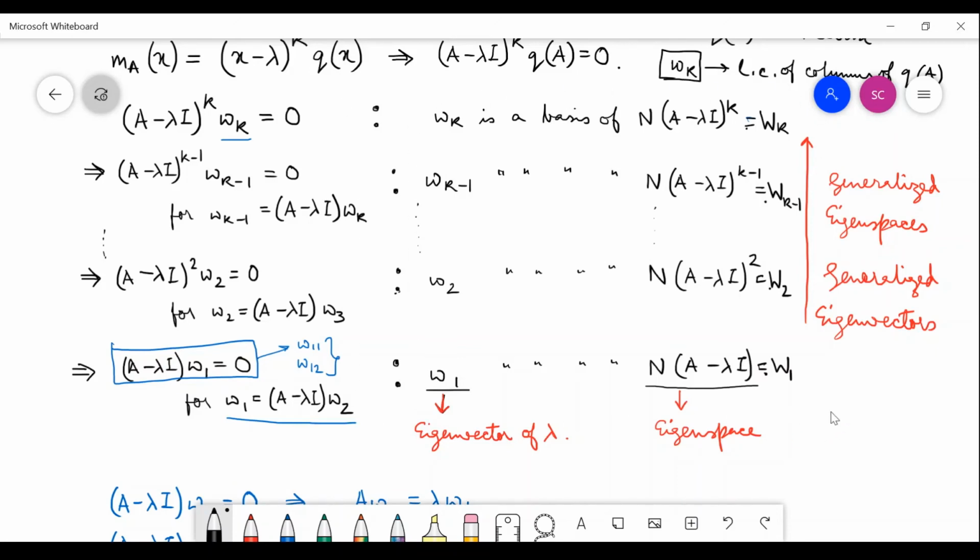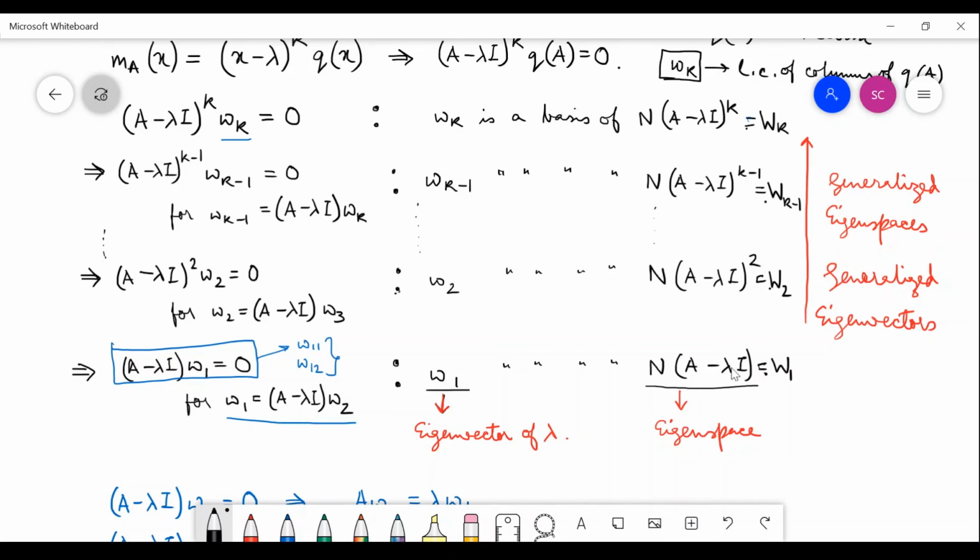This is why we call this set eigenvectors of the generalized eigenspace. These are all basis vectors of the null space of A minus lambda I to the power of k, not simply A minus lambda I. We cannot remain in A minus lambda I and leave it there, because we have repeated eigenvalues.